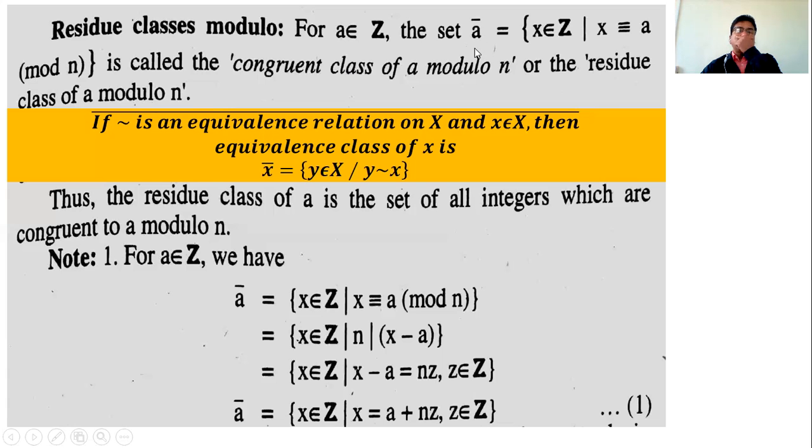This is the set of x belonging to Z such that x is congruent to a modulo n. Those x related to a belong to a bar.